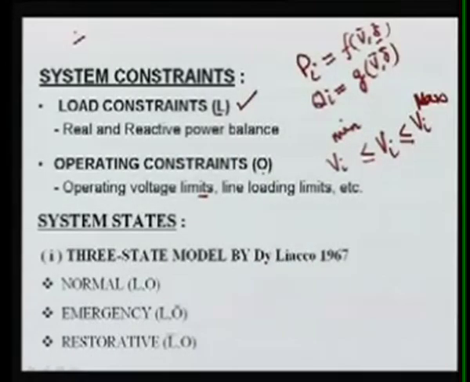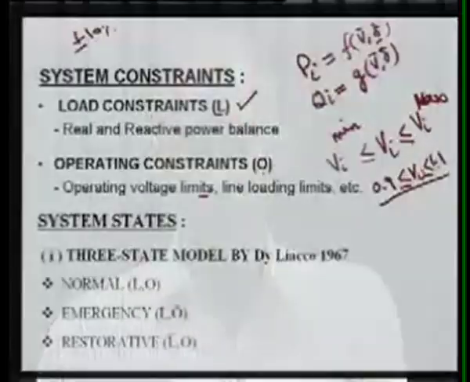And already in the power quality issues, I explained that we can go at maximum for 10% of voltage violation. So this voltage normally we take as 0.9 per unit to 1.1 per unit. So this is your operating voltage limit. Again, this voltage limit is not 0.9 and 1.1 for all the buses.